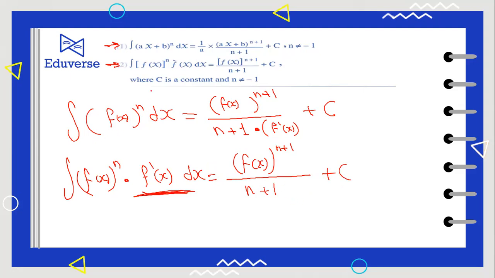If I have a bracket to the power only without any other brackets, then the integration will be f of x to the power n plus 1 over n plus 1 multiplied by the derivative of the inner bracket. But if the integrand has a function to the power multiplied by the derivative of the inner bracket, then the result will be the function to the power n plus 1 over n plus 1 only, without multiplying by a derivative. Okay, I have two cases, don't forget.